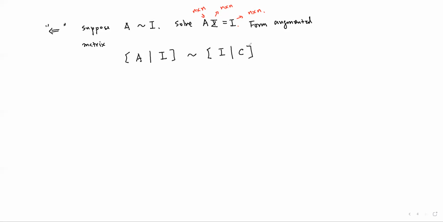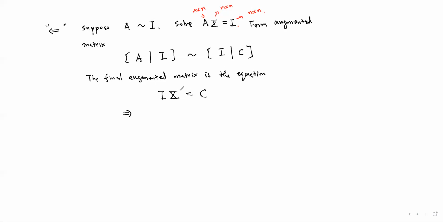Now the final augmented matrix represents the following equation: the coefficient matrix times the unknown is equal to C. X is a matrix, C is a matrix.